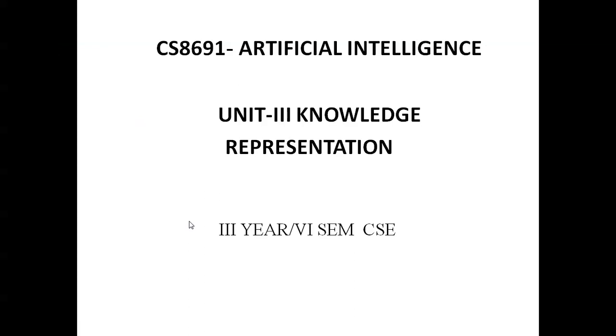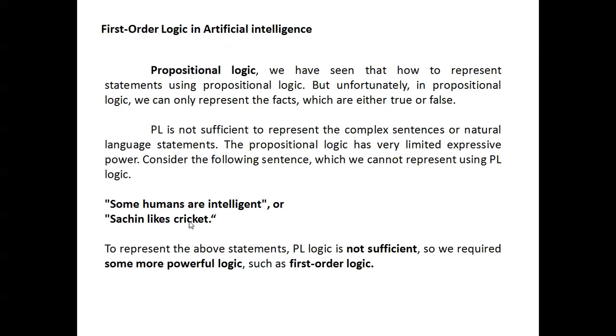So CS8691 Artificial Intelligence, Unit 3, Knowledge Representation. First order logic in artificial intelligence. We have seen how to represent a statement using propositional logic.